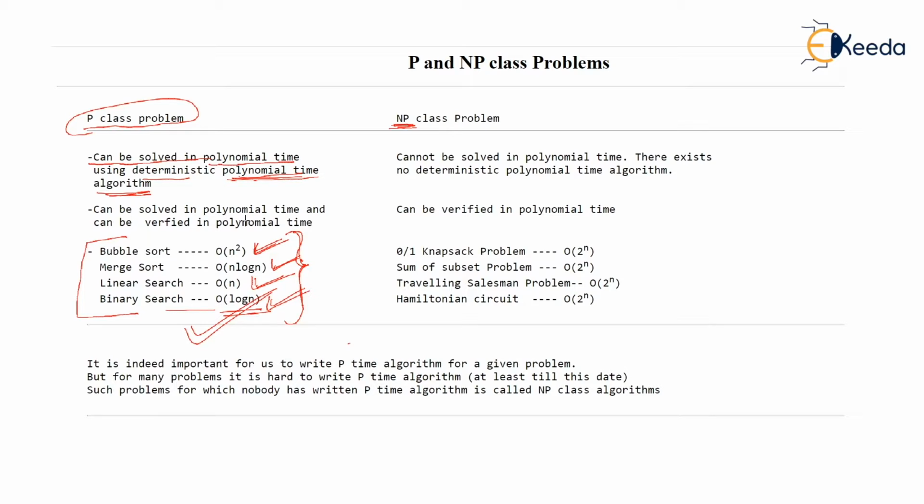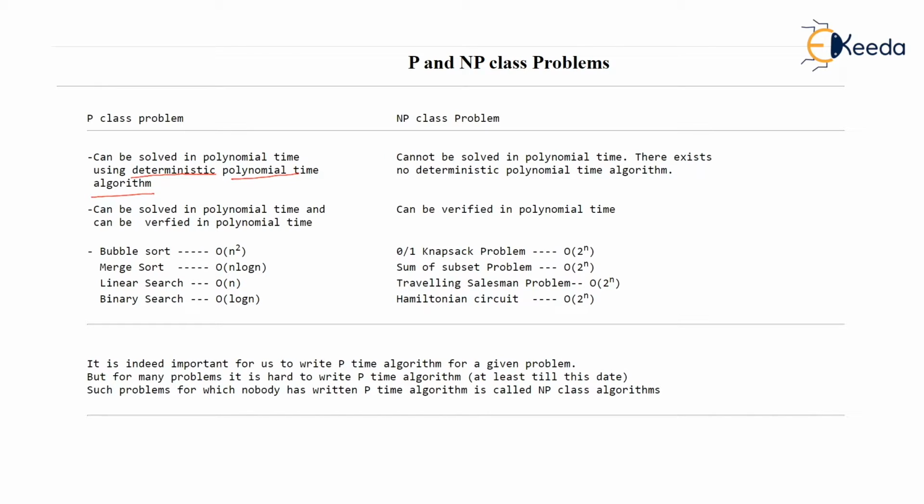You will say it is P because the time complexity is a polynomial like n square. What do you mean by deterministic, by the way, here? Just I will underline that word deterministic again. Now, P class problems are such problems which can be solved in polynomial time using deterministic polynomial time algorithms.